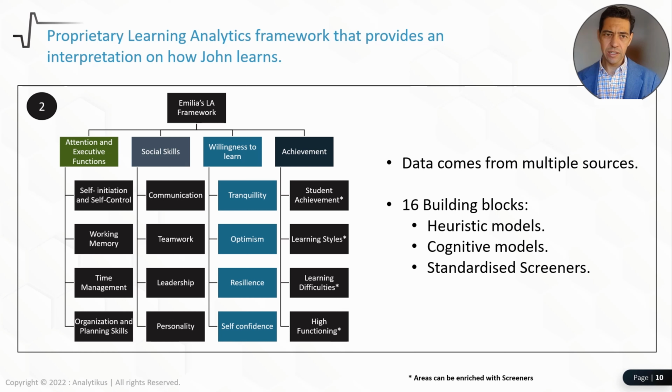Social skills such as communication, teamwork, leadership, every time the student is interacting with another student, every time he's interacting with faculty. Willingness to learn is a cognitive algorithm that uses intrinsic personality traits in order to assess emotional ranges. I'll explain that in a second. And achievement, which is information most likely already on the SIS, but also complemented through screeners.